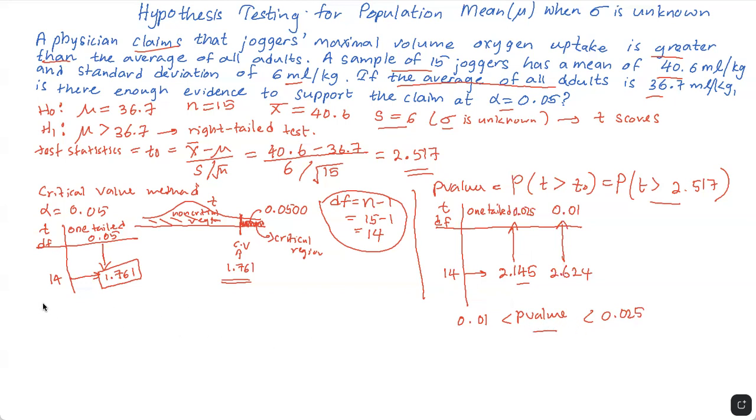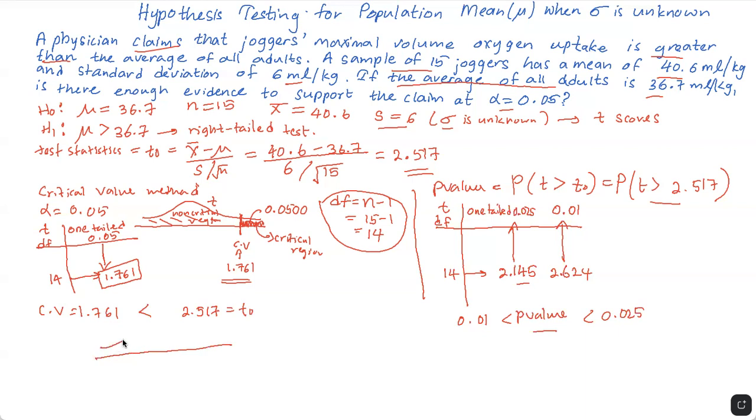And let's make the decision. I'm going to use the critical value. I found critical value is 1.761. And I compare my test statistic value 2.517 with my critical value. As you can see, my test value is greater than my critical value.